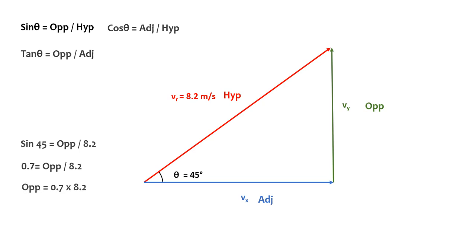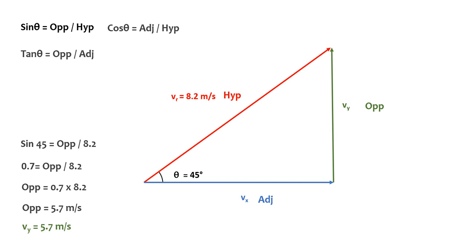So let's rearrange this equation. We have 0.7 multiplied by 8.2, and this will give us 5.7 meters per second. So that is our vertical velocity. Now I won't go through the whole process, but you can pause here and try to work out Vx, the adjacent side.